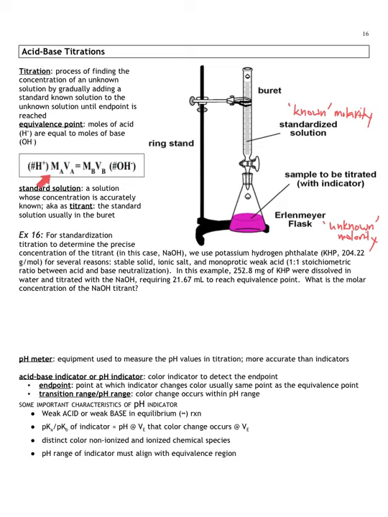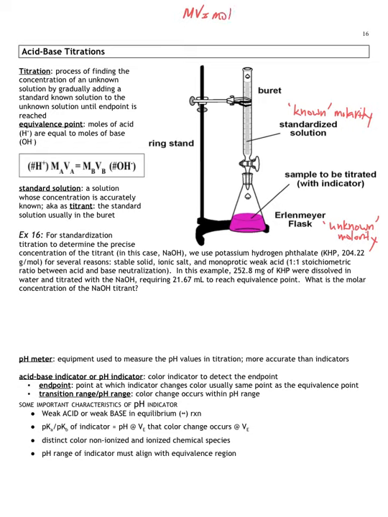This equation certainly should make sense to you. It's very similar to the dilution equation, but instead you see acid on one side and base on the other side, because you're looking at the moles of acid equaling the moles of base. Now, if you recall molarity, molarity times volume equals moles.